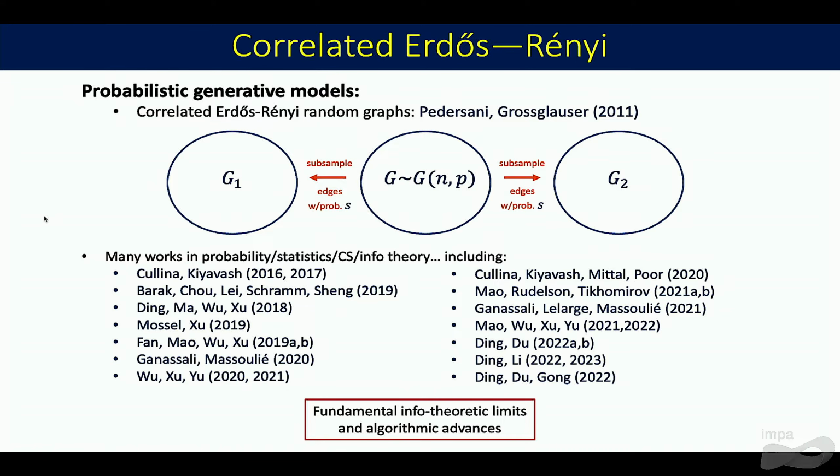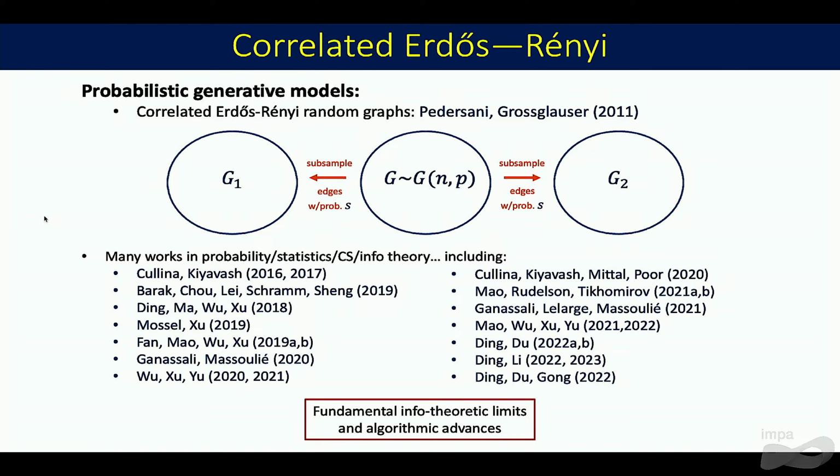And you do this a second time as well. Then you have two graphs that are both marginally Erdős–Rényi with probability p times s. If you look at corresponding edges across the two graphs, they are not independent, but correlated. The correlation is roughly s, not exactly s, but roughly s.